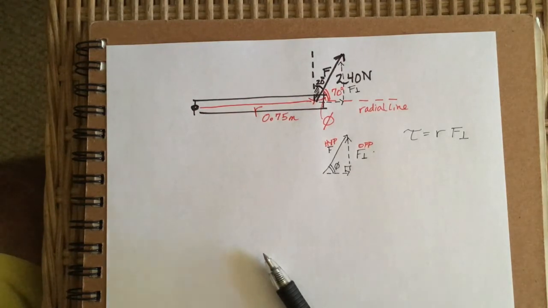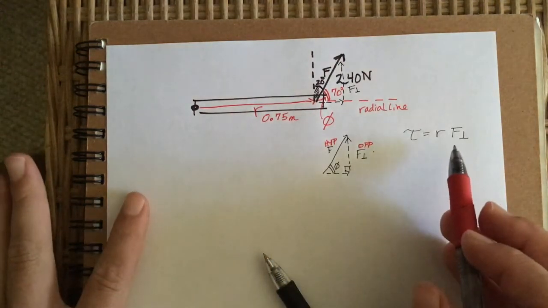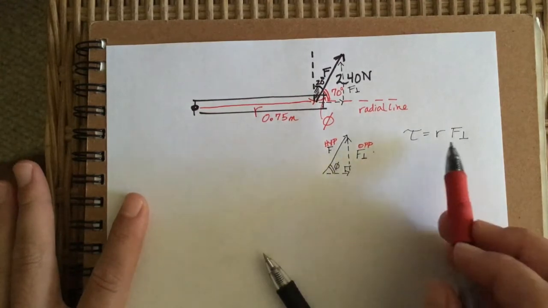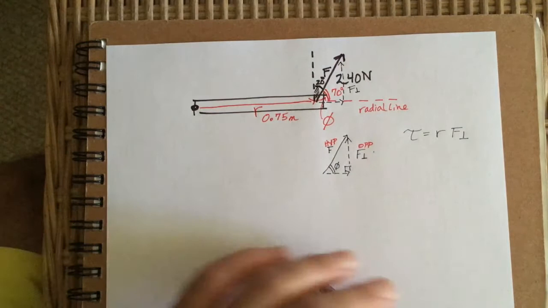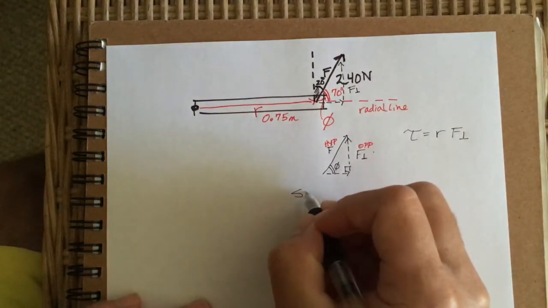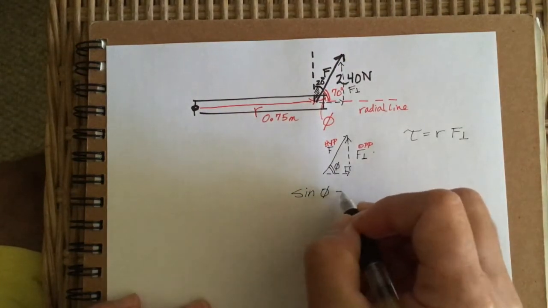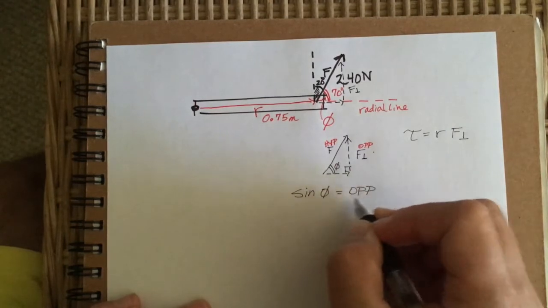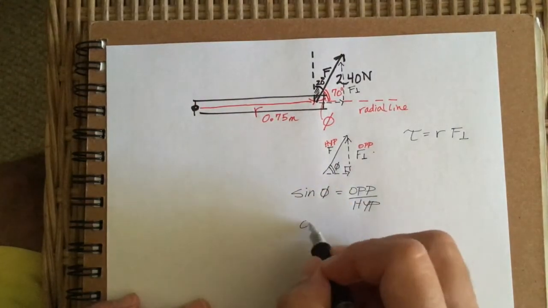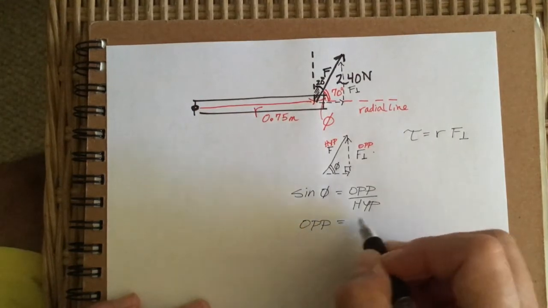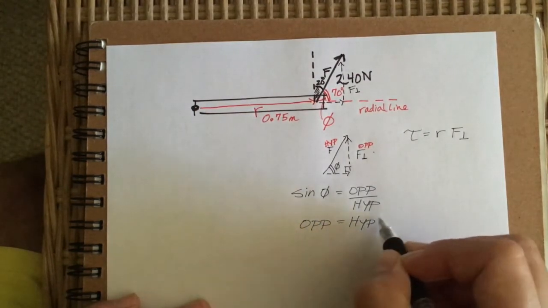And so what I'm trying to say here is that we want to know what F perp is. If we know F perp, we can solve. F perp is an opposite. So our formula is sine phi equals op over hip. We're going to solve for the opposite, so the op has to equal hip times sine phi.